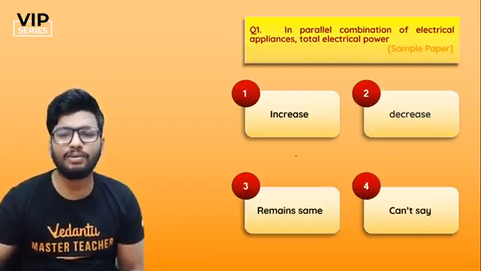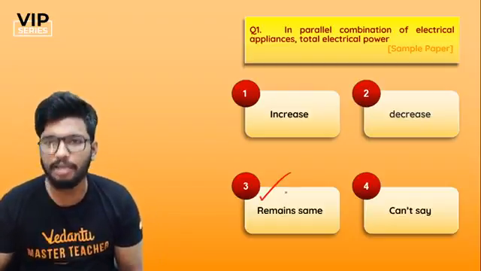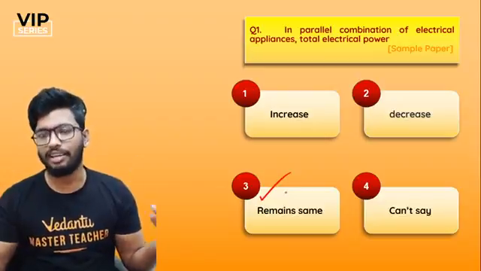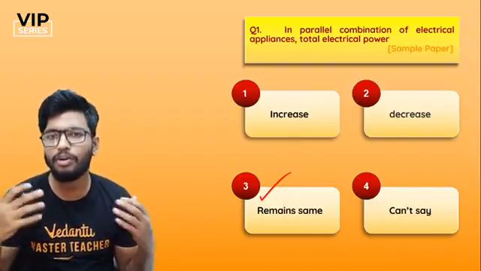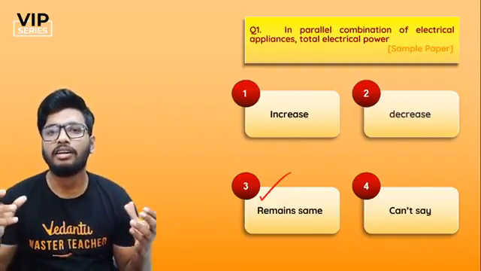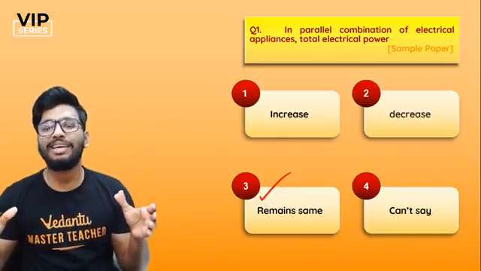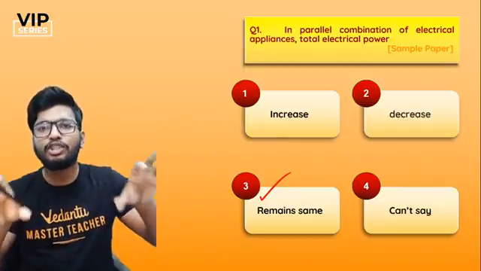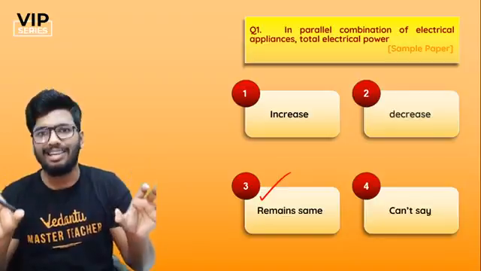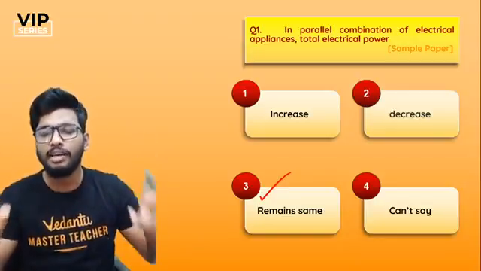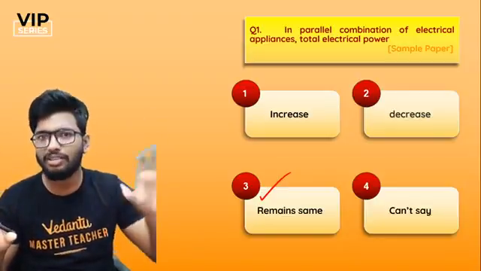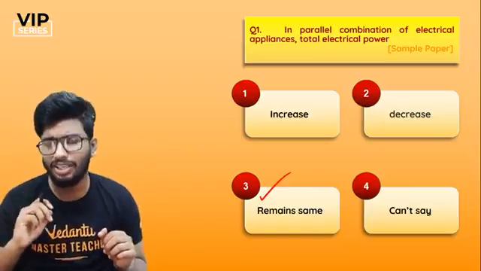The answer to this question, guys, is that it would remain the same. In the case of parallel connections, what you have to understand is that the total power consumed would be the sum of the individual power consumption of each and every appliance. For example, let's say there are 2 bulbs connected in parallel. One is a 50-watt bulb and the other is a 40-watt bulb.